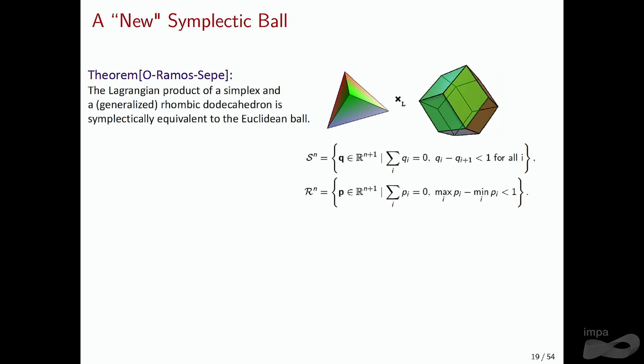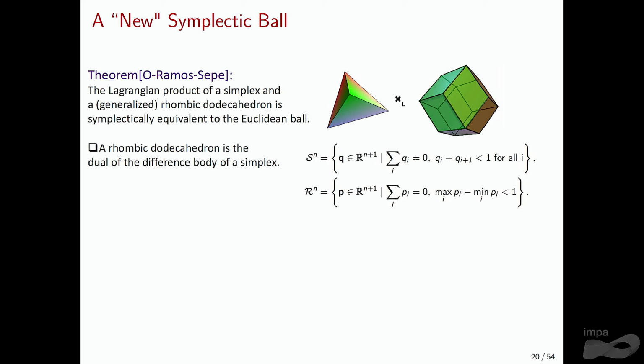Here we go. So that's the theorem, and a few remarks. First, the rhombic dodecahedron has a nice description. It is the dual, or the polar, of the difference body of the simplex. You take the simplex, Minkowski sum with minus the simplex, and then you take the dual.